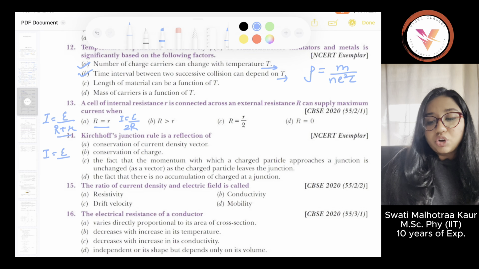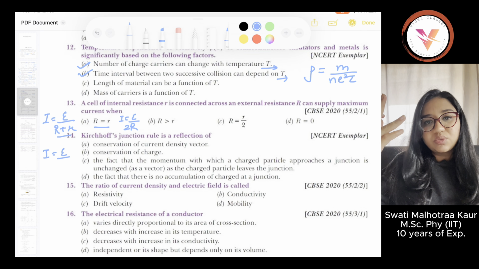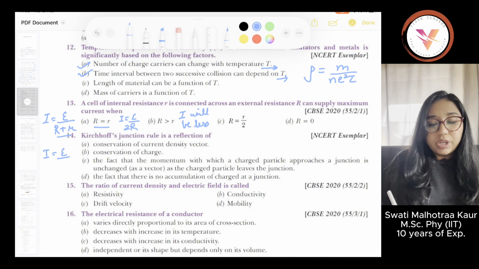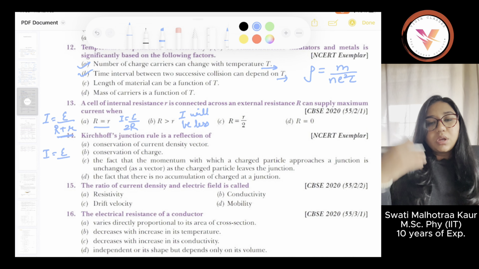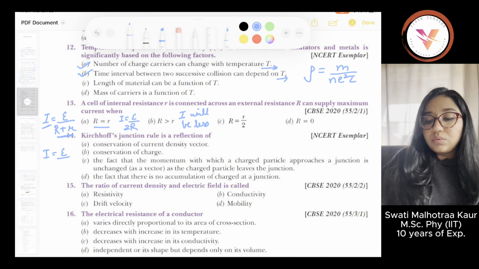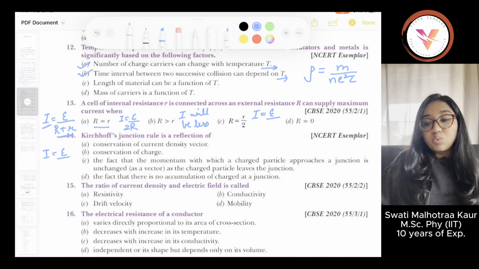then obviously your denominator will increase very much because capital R is increasing so much. So I will be less than the first one, because your R is increasing. If you are increasing the denominator, then your current will decrease. It's an inverse relation. For R equal to r by 2, I is equal to E over r plus 2r, that is 3r.